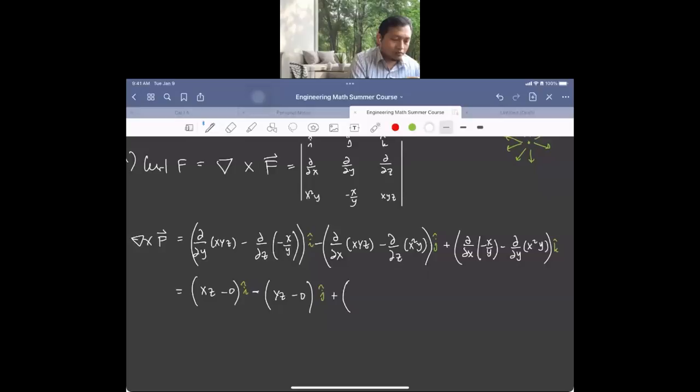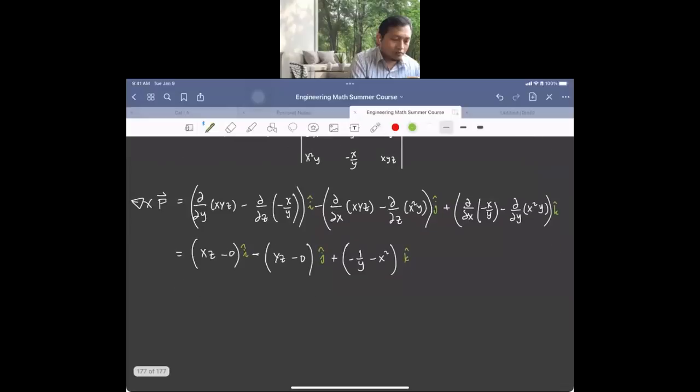And then plus, this will be negative 1 over y, and then minus x squared, and then k. We have the result of del cross F as xz i minus yz j plus, or we can write here, k. Or we can write the curl of F.